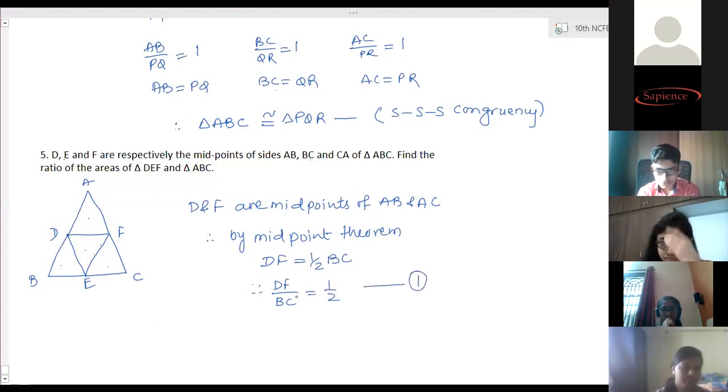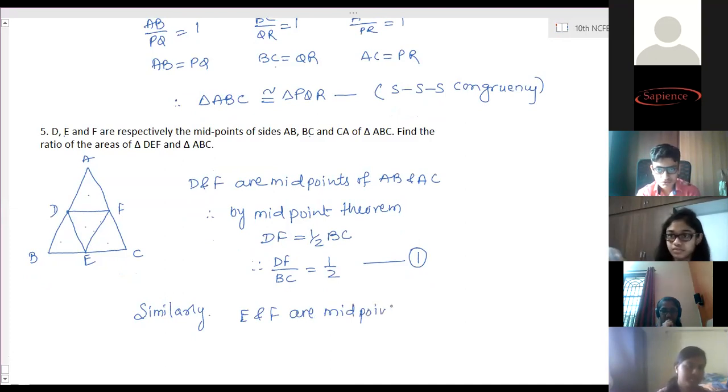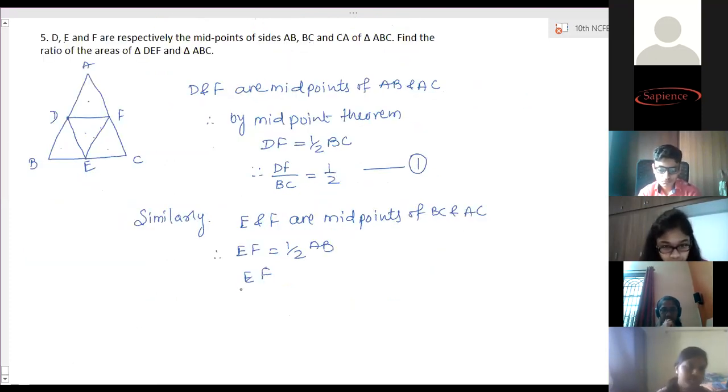Now, similarly, E and F are midpoints of BC and AC. Therefore, EF is half of AB. That is, EF by AB is equal to 1/2.